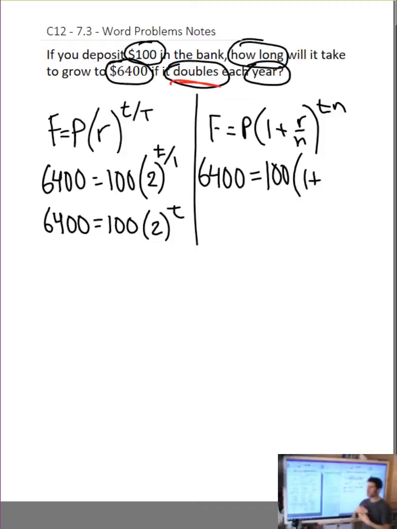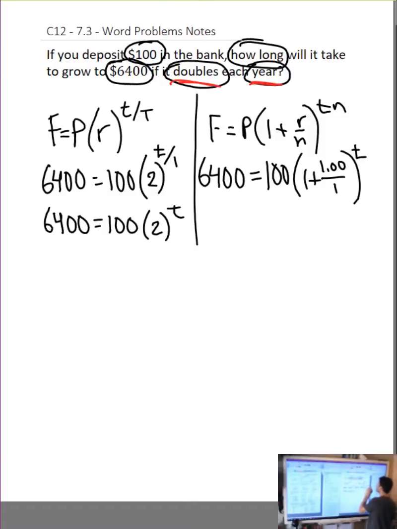Well, we want to be double what we were in the past. So if we start off at 100%, if we double, we'll be 200%, increasing at a rate of 100% or 1.00.